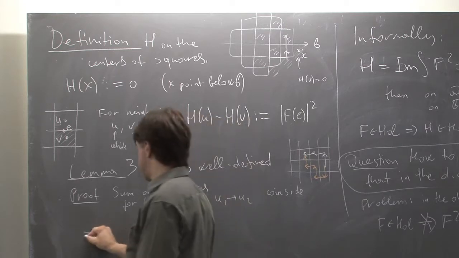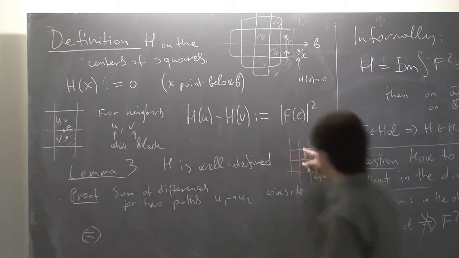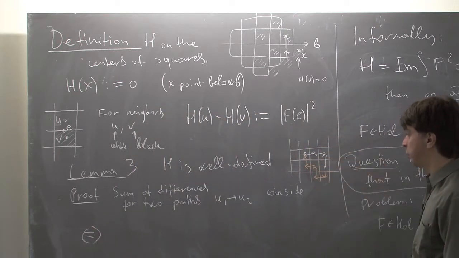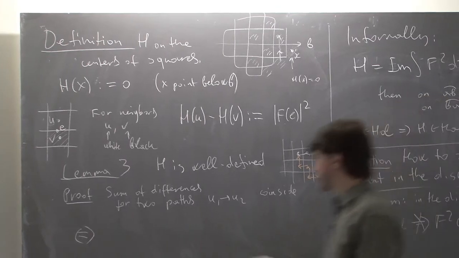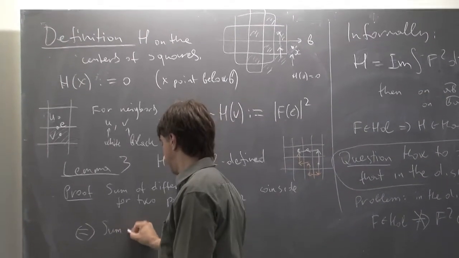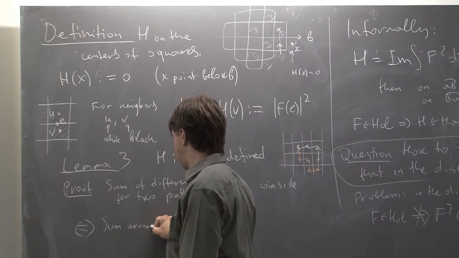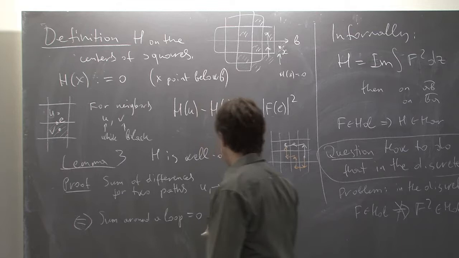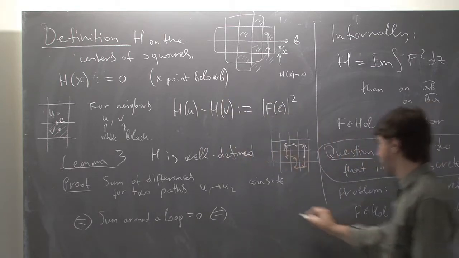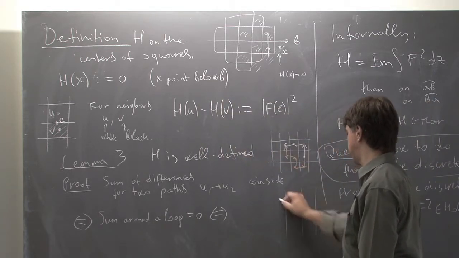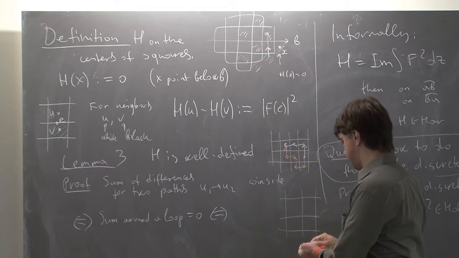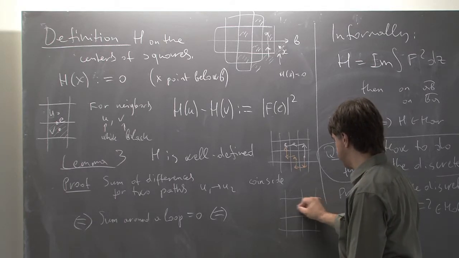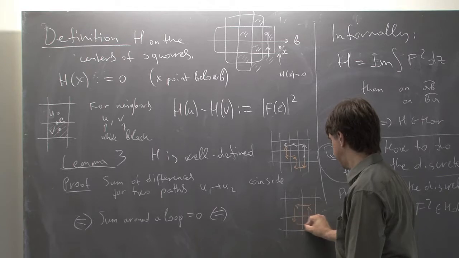And this is the same as saying that the sum around any loop is 0. It's the same as the sum around a trivial loop being 0, the easiest one. It's the same as saying that the sum of differences like that is 0.